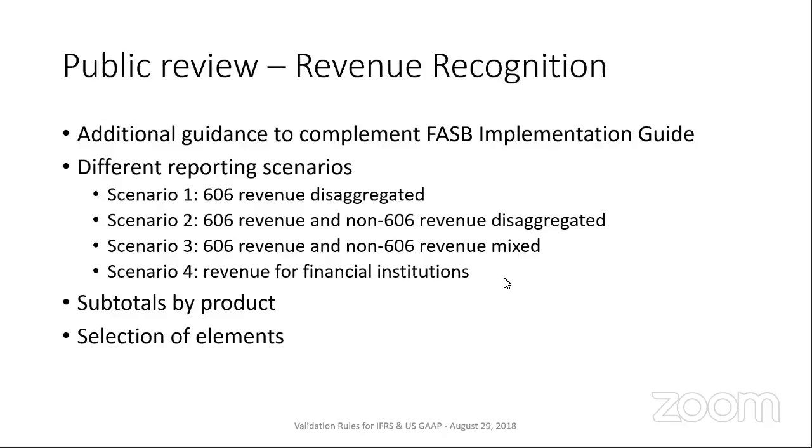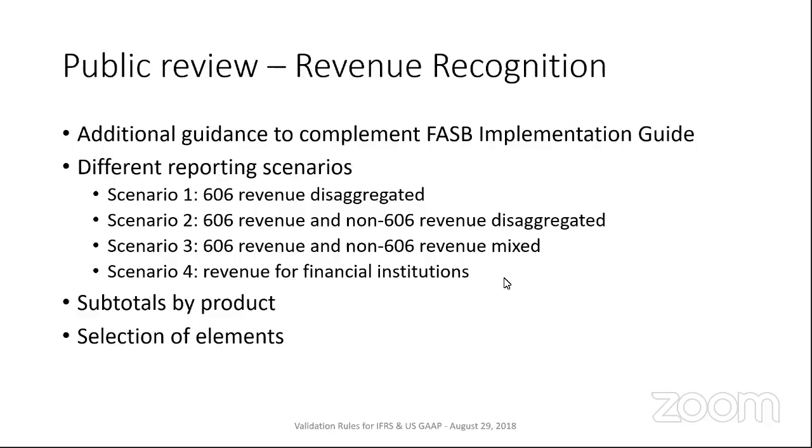What element should they use for that? In the past, we've talked about this, and you just use the aggregate revenue element. And then in some cases we have 606 revenue and non-606 revenue, but they're mixed together, like in an other category. What elements should you use and how should you report that? So that's discussed there as well.